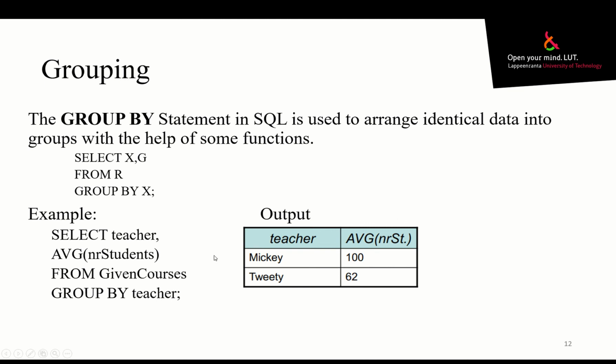This is just an example to show you that it takes the average from this. You can see this is the number of students, but the average number of students is selected. We have 162, for example. So this is an example where you have a select statement, but you group the results by a particular column, where we've grouped them by teacher in the one I'm showing you here.